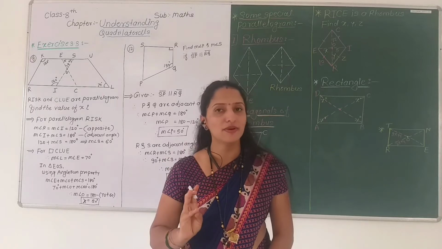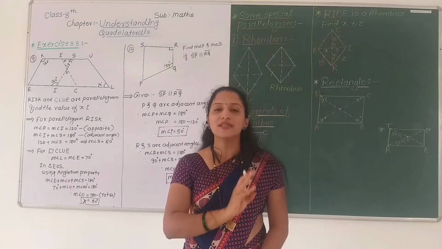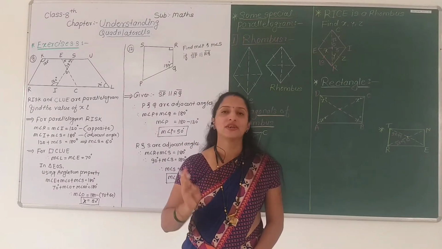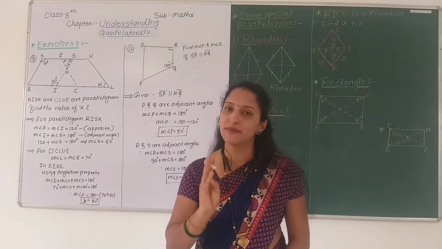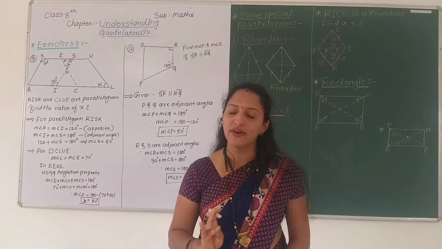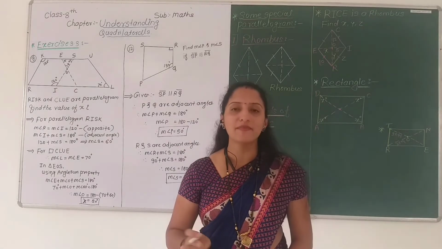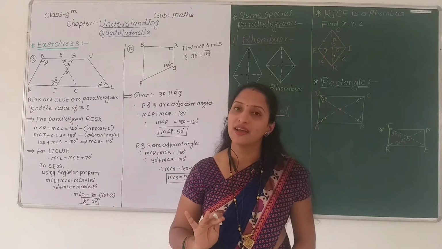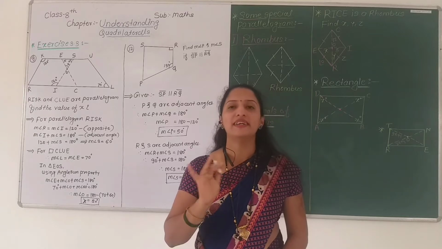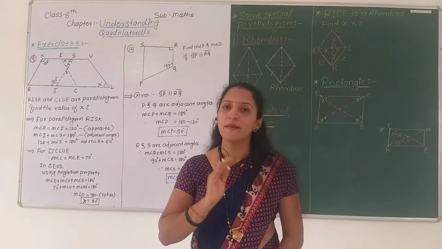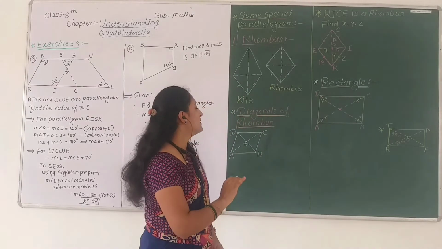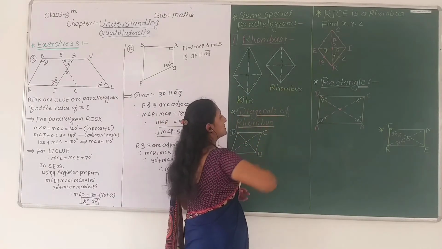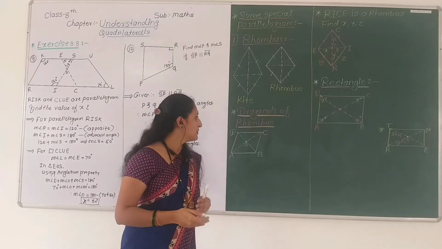That is, in rhombus, all sides are equal, right? Opposite sides are parallel. All sides are equal. Opposite angles are same. Adjacent angles are supplementary, and diagonals of rhombus also bisect each other, right? So rhombus has all properties of parallelogram.